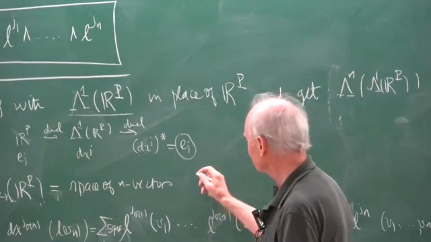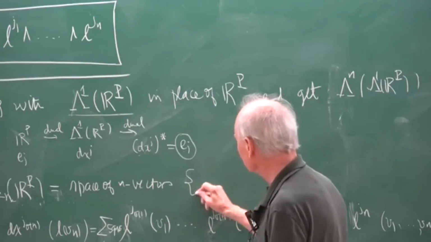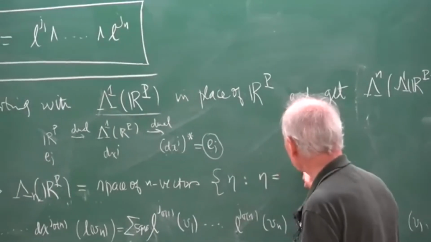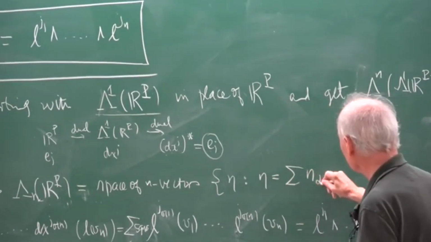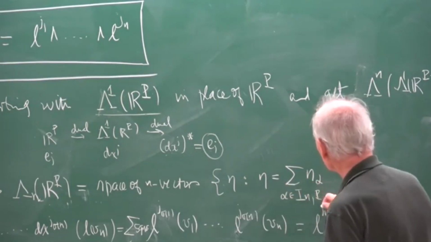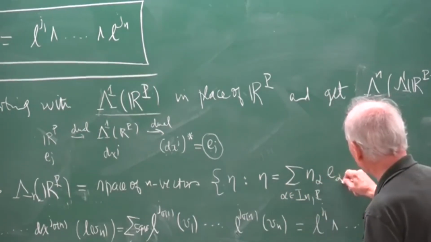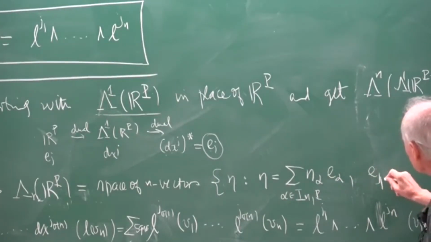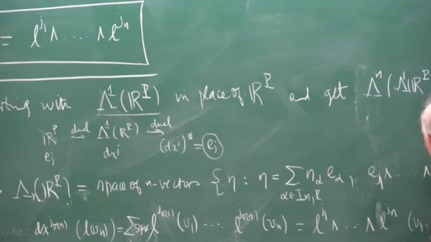So that's the set of eta such that eta can be written as the sum of eta alpha, alpha in I n P again, omega alpha E sub alpha, where E sub alpha is Ej1 wedge up to Ejn.